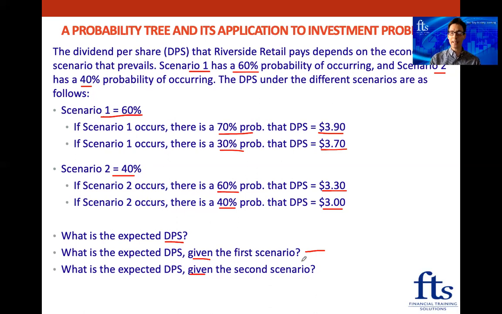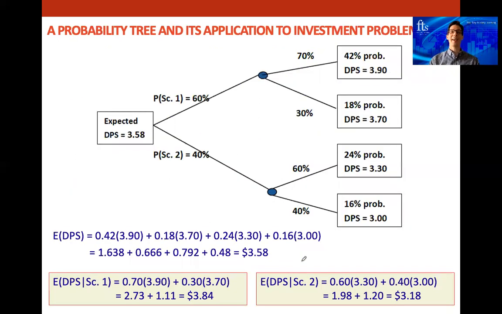So let's then draw our tree. They told us the probability of scenario 1 is 60%. And then they told us that if scenario 1 happens, there's going to be a 70% chance of getting a $3.90 dividend. To work out the probability of getting this $3.90 dividend, all we've got to do is multiply across the branches.